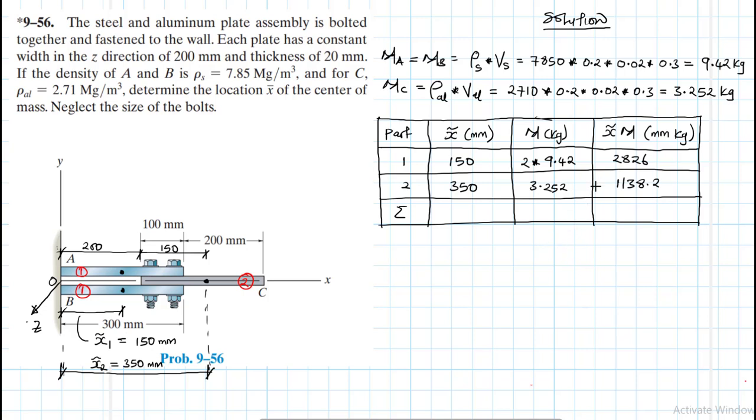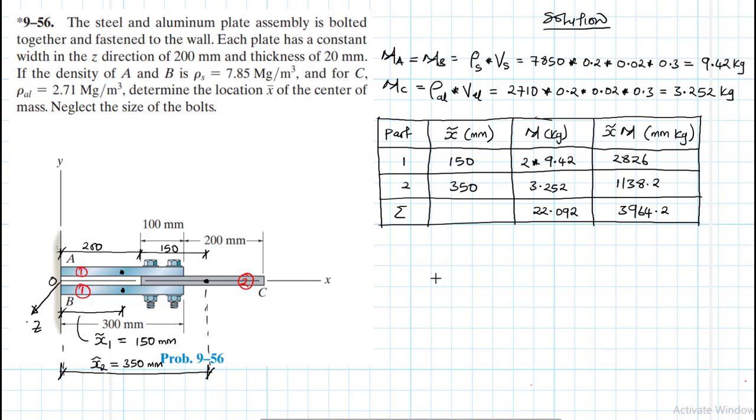So let's sum up these parts. 1138.2 plus 2826 gives us 3964.2, and then the total mass 2 by 9.42 plus 3.252. The total here gives us 22.092.